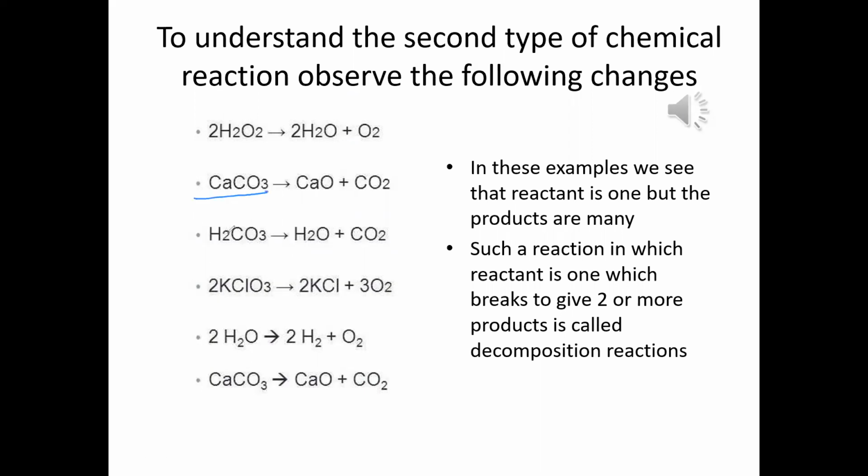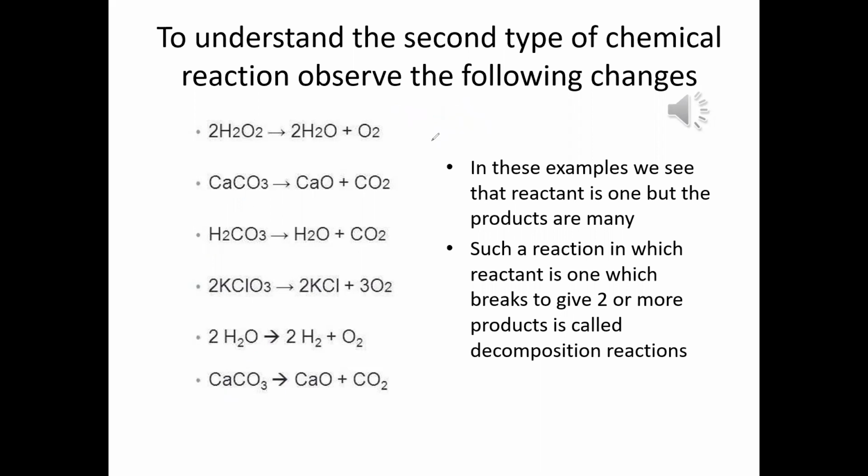CaCO3, only one. H2CO3, only one reactant is involved, which gives 2 or more products. That means here a single reactant breaks to give 2 or more products. Such a type of reaction is called decomposition reaction.